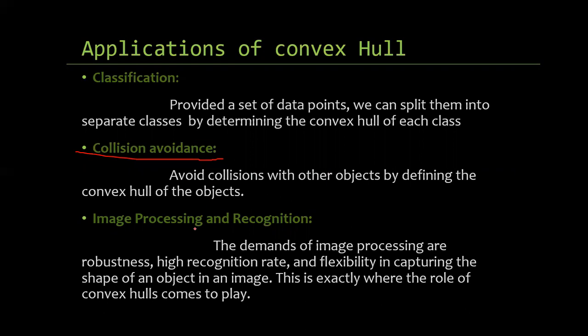Now, image processing and recognition. The demands of image processing are robustness, a high recognition rate, and flexibility in capturing the shape of an object in an image. This is exactly where the convex hull comes into play.